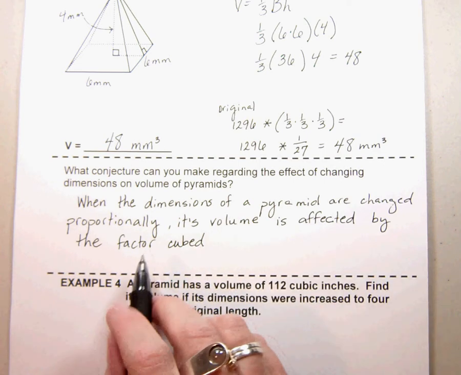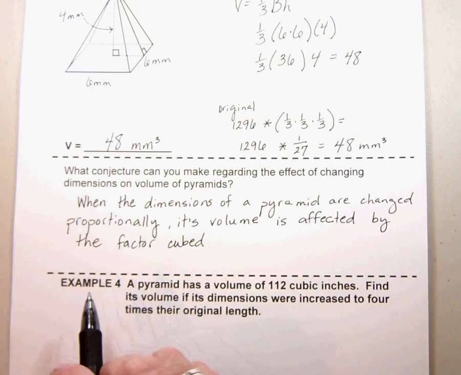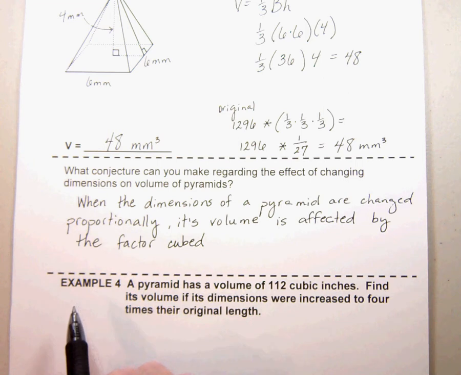Okay, let's read this and talk about what I just wrote. When the dimensions of a pyramid are changed proportionally, its volume is affected by the factor cubed.